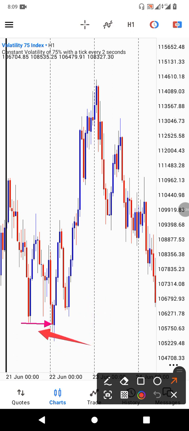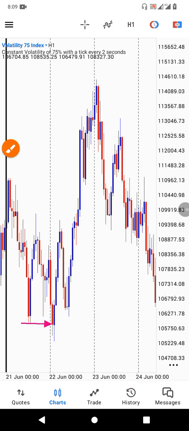So now price took out the previous day's low here, and changed the state of delivery here after the close above this series of down-close candles that took out the previous day's low. What we do in this entry is, whenever we have a series of candles that took out either the previous day's high or a previous day's low, like in this case, we don't enter immediately.